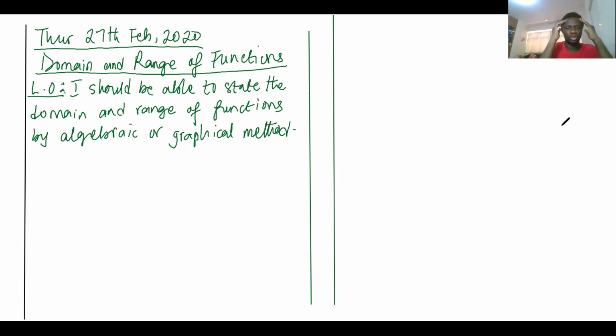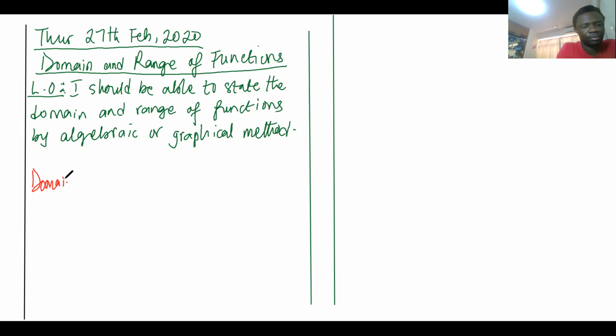What does domain of function mean? Oh, domain is like the x values, like the argument, and then the range is the outcome from putting the x values into the function. That's it.